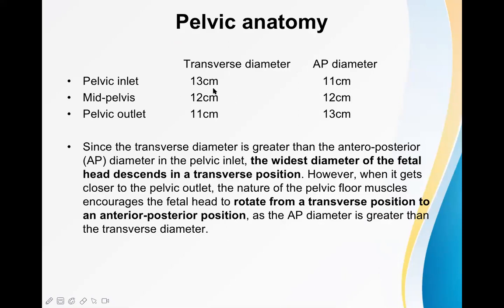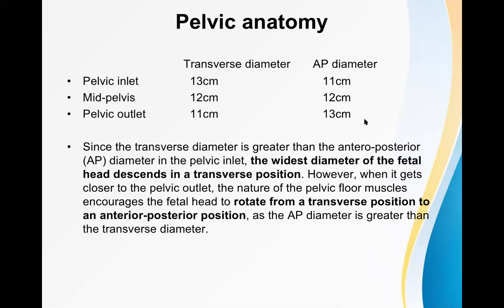So very clearly the transverse diameter of pelvic inlet is more than AP diameter by 2 centimeter. In the mid pelvis, both transverse diameter and AP diameter are the same, and in pelvic outlet the transverse diameter is 11, whereas AP diameter is 13.